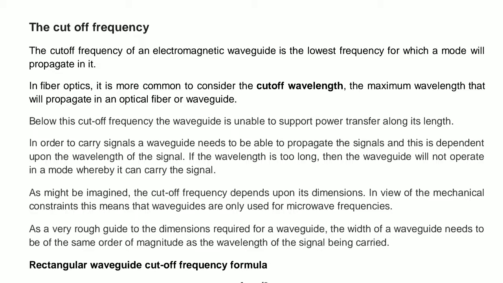In fiber optics, it is more common to consider the cutoff wavelength, the maximum wavelength that will propagate in the optical fiber or the waveguide. Below this cutoff frequency, the waveguide is unable to support power transfer along its length. Likewise, ultimately it shows that the waveguide acts as a high pass filter.